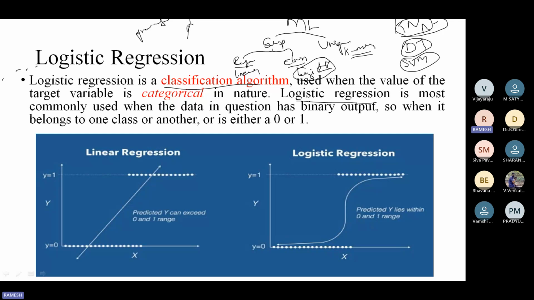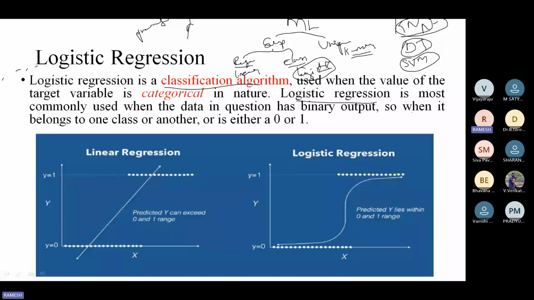But in decision tree, what we did was build a tree for a given data set. Here in logistic regression, we should form an equation. In linear regression also, we should form an equation. These are called parametric methods.